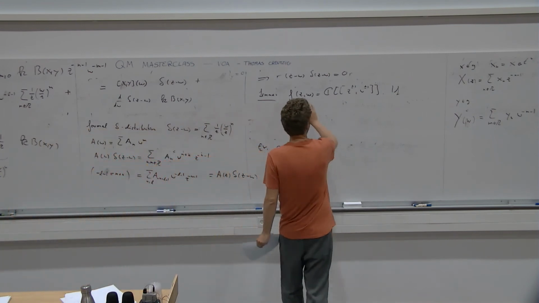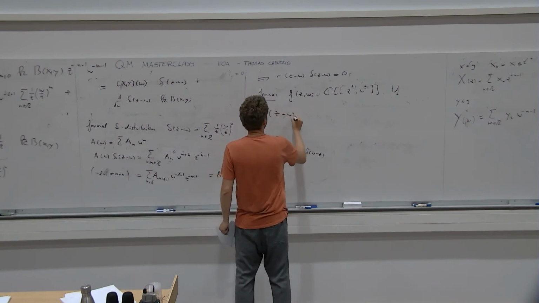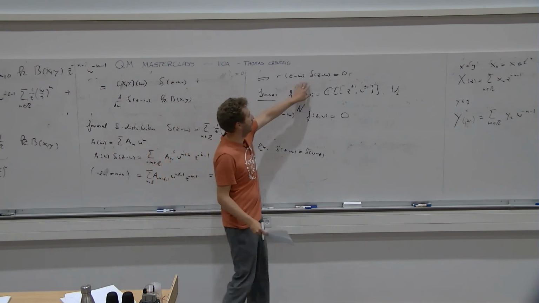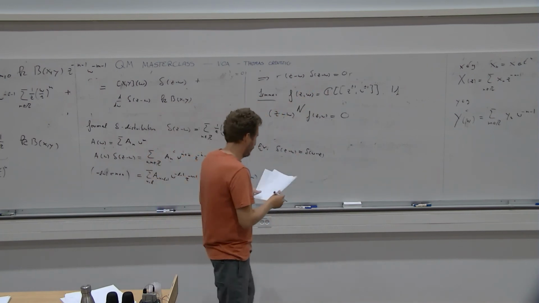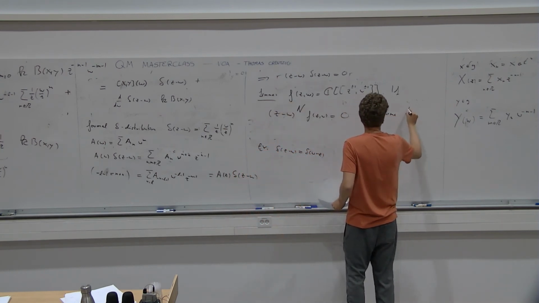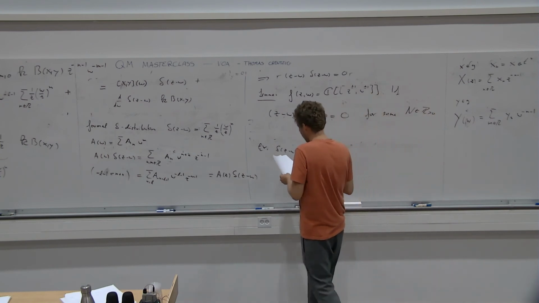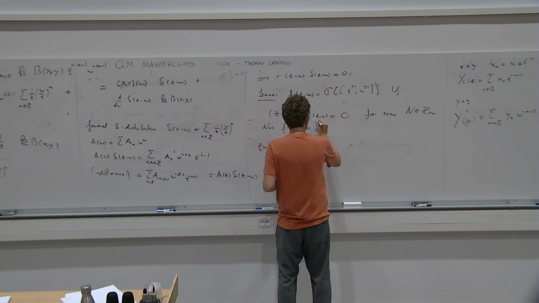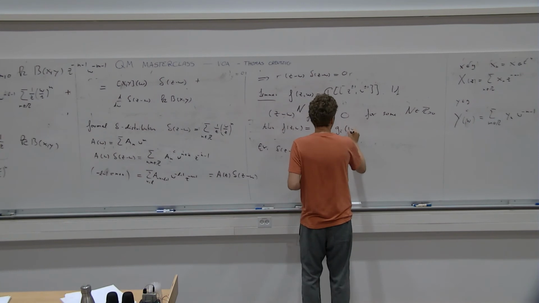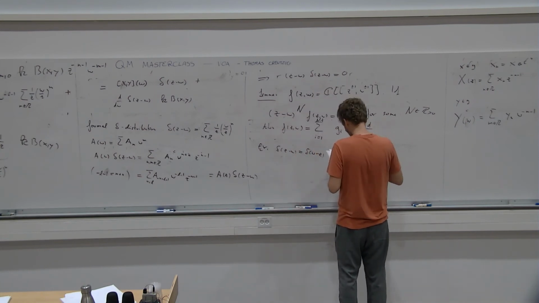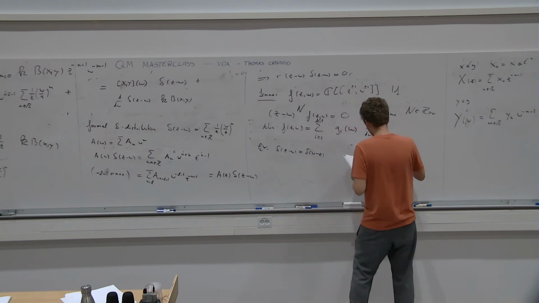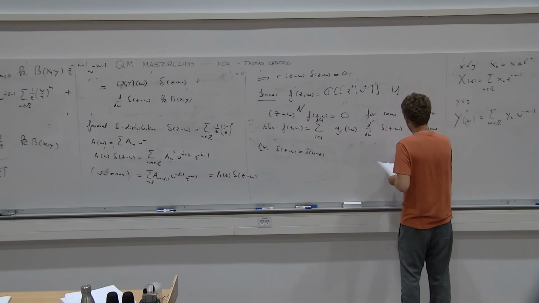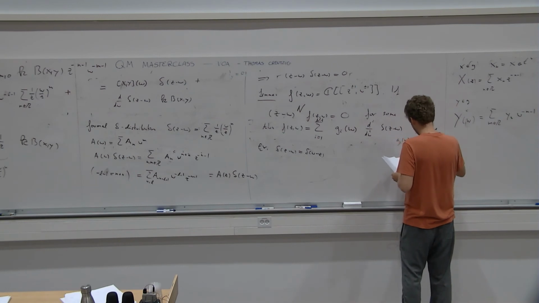Okay, so the lemma says if I have a formal power series that has the property that z minus w to the n annihilates it, that multiplication by this is equal to 0, and here we saw an example that has this property for n equals 1, for some positive integer, then this formal power series is in fact a sum of the formal delta distribution and its derivatives. So here is the ith derivative of the formal delta distribution, and here the coefficients are some formal power series in one of the variables.